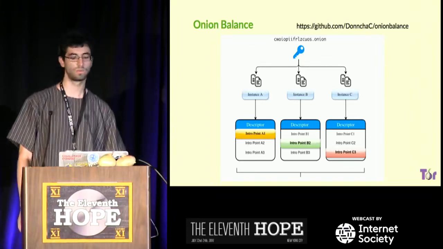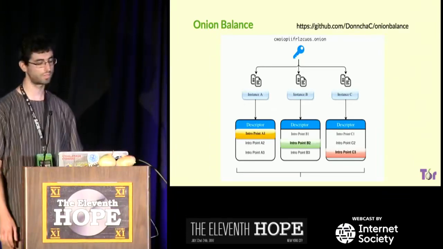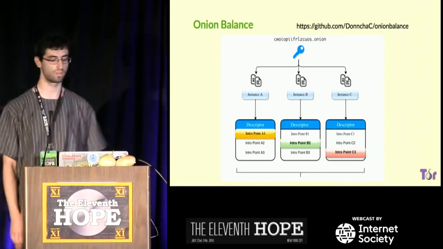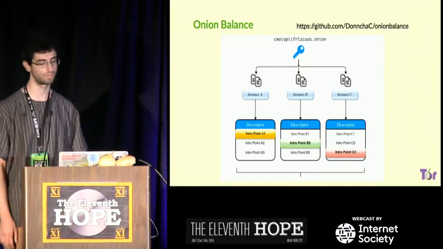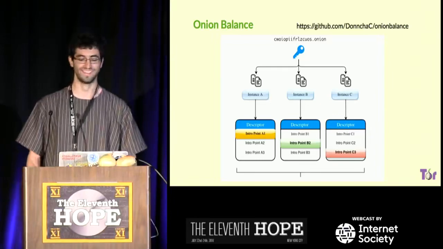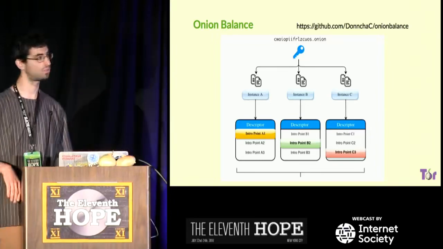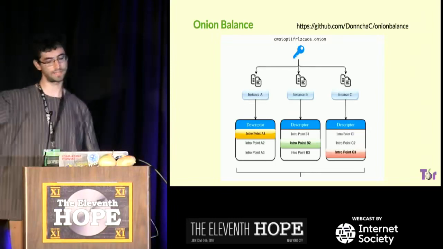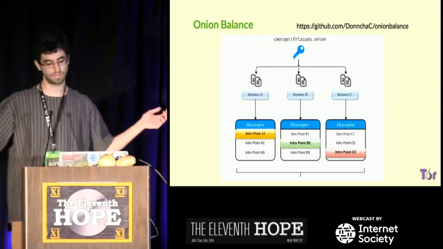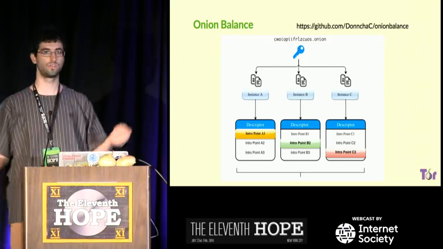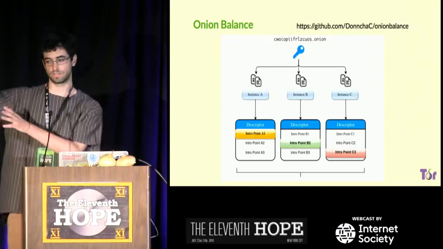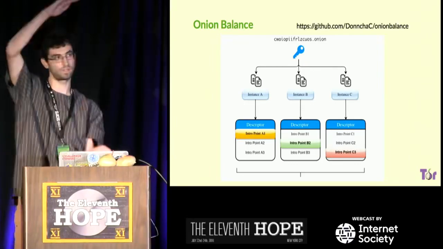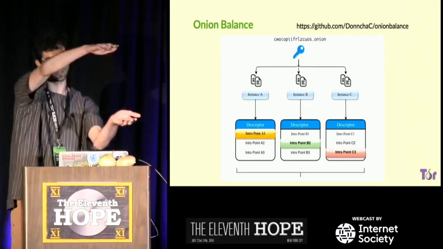So we have this software called Onion Balance that we have not actually promoted at all for some reason, but you guys should know it. It's basically a way to set up multiple identical hidden services, say 8 or something, and then you take all these hidden services and build a super descriptor that contains all that information, and you use that as your address.